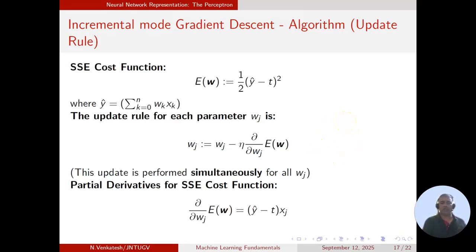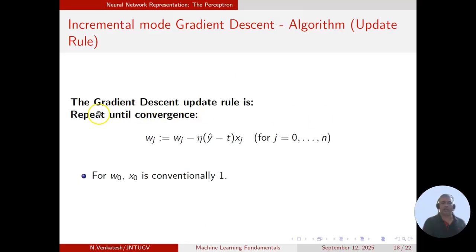If you substitute, we get this update rule, which is similar to the update rule that we got for classification: wj is wj minus eta into error into xj. This is how one can use a single neuron for solving linear regression problems.